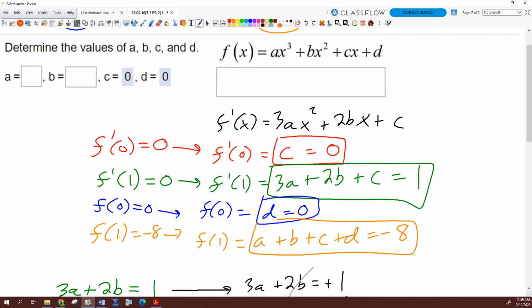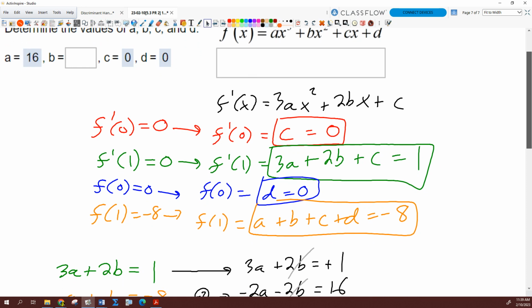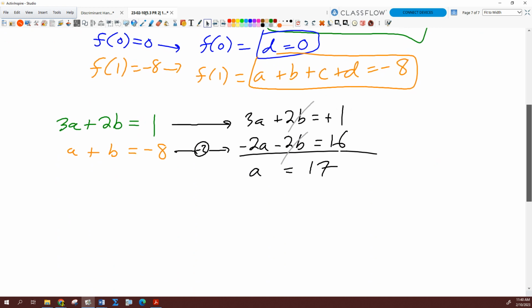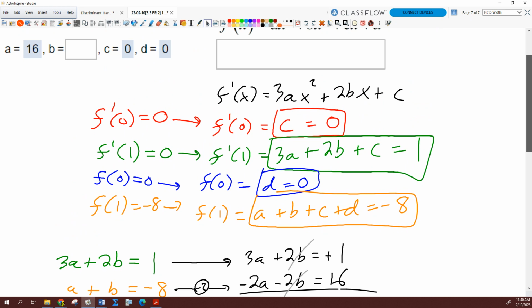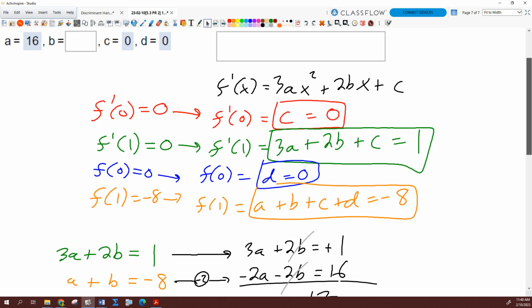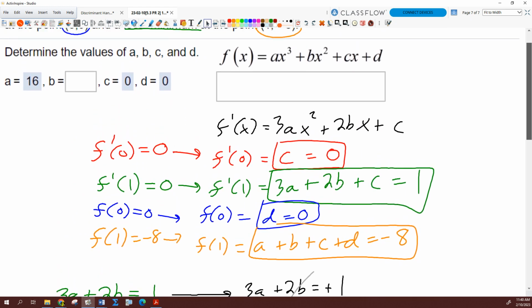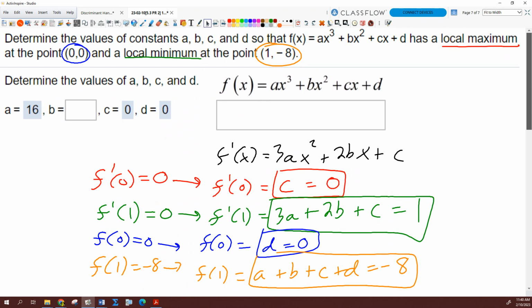Okay, so we know another one. Oh, how'd we get 16? What the heck? That's impossible. 3a plus 2b plus c.